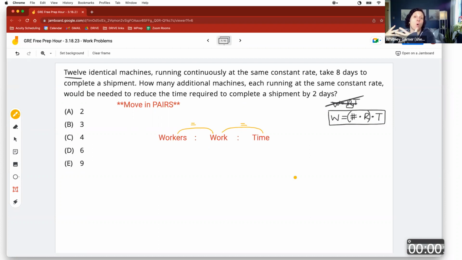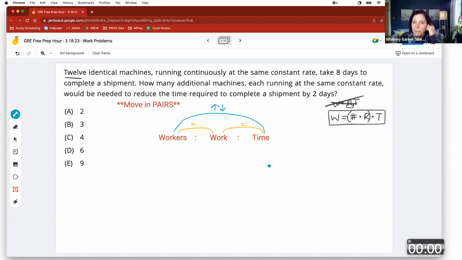If I spend more time, I can get more work done. However, workers and time are opposite. So if I have more workers, I don't need to spend as much time. If I have more time, I need fewer workers. And in fact, it is a perfect opposition relationship.